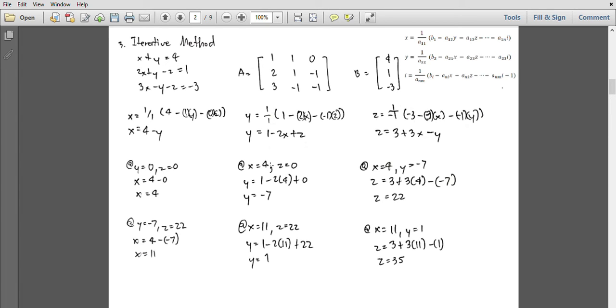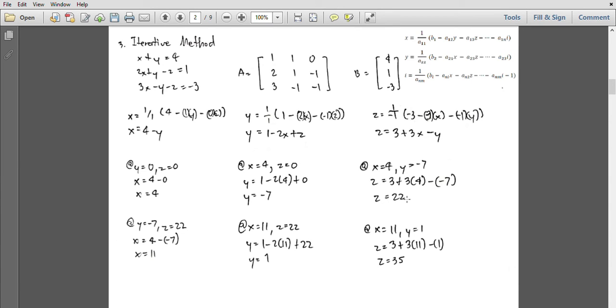So at x equals 4, z equals 0, we get y equals negative 7. Then we use the new values of x and y, which are 4 and negative 7, to get the value of z from the equation of z from step 1. Then we get z equals 22.